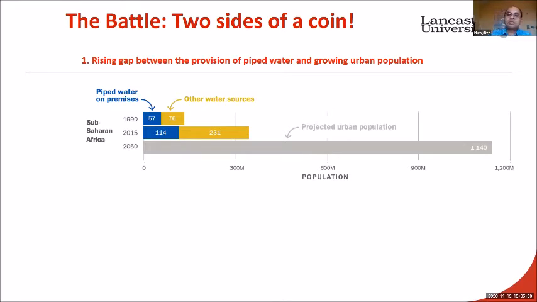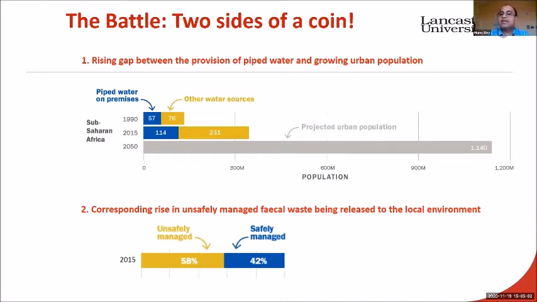That's one of the critical problems. That's why the second side of that coin is that there is a corresponding rise in unsafely managed fecal waste being released to the local environment. So on the one hand, we're failing to reach many people with water services, and to complicate matters, we are also failing to safely manage the fecal waste that is produced in those informal low-income settlements.